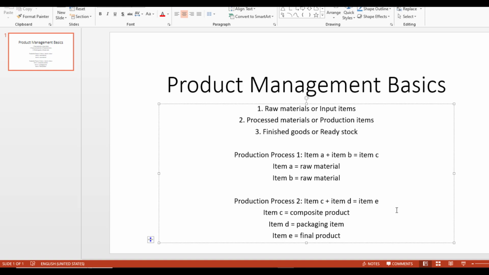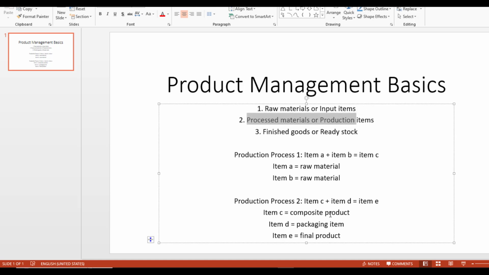So you have to look at your farm or production business, your agribusiness, and then you have to identify, okay, I have 3 categories of items. What are the list of items in category 1, input items? What are the list of items in process materials?